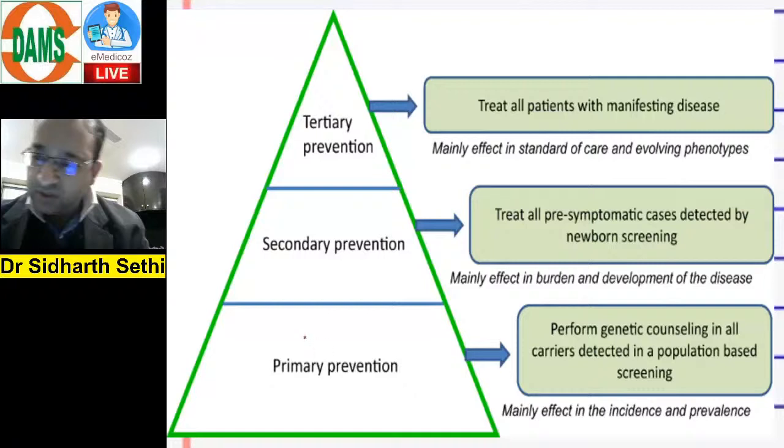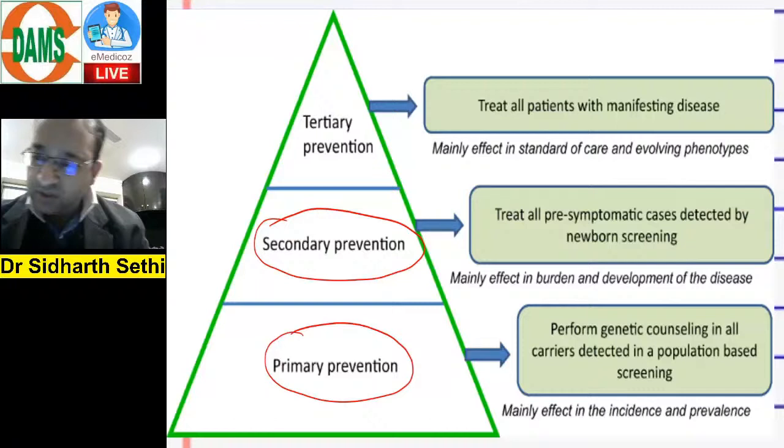Primary prevention means looking at this disorder in carriers, so you are doing genetic counseling in carriers. Now, newborn screening is a secondary prevention. It means that we are trying to diagnose this disorder in a pre-symptomatic child.